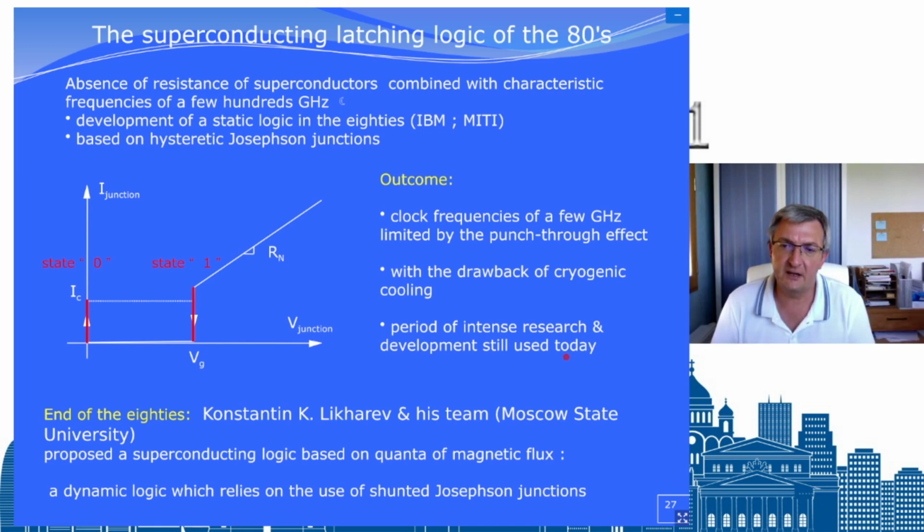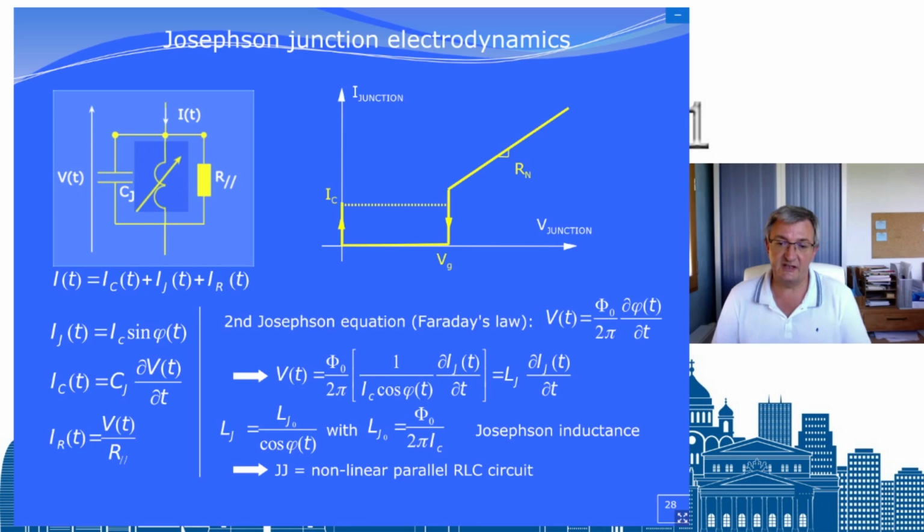What was understood by Likharev is that we shouldn't use a static logic with these two states, 0 and 1, because it's slow. It's slow to go from here to here and to come back at the right place and not in the -1 state. And he proposed a dynamic logic, which is really relying fundamentally on the physics of the Josephson junction. This is what we're going to see now.